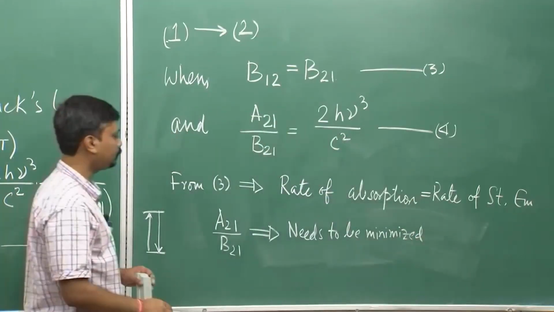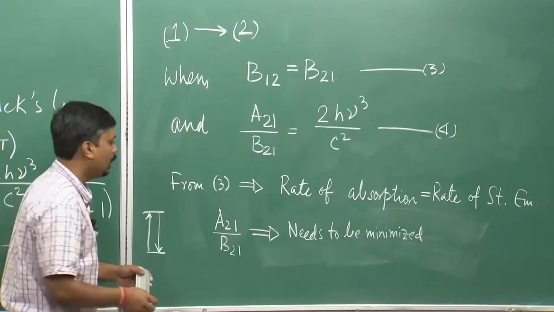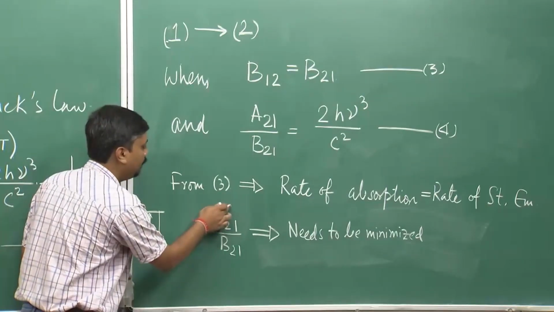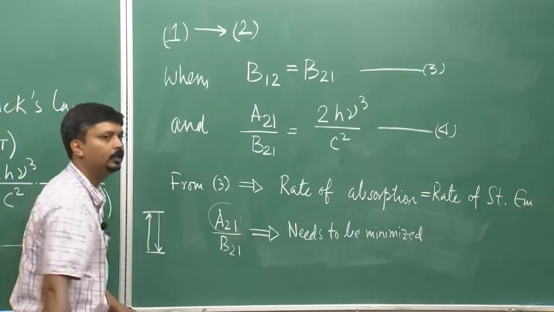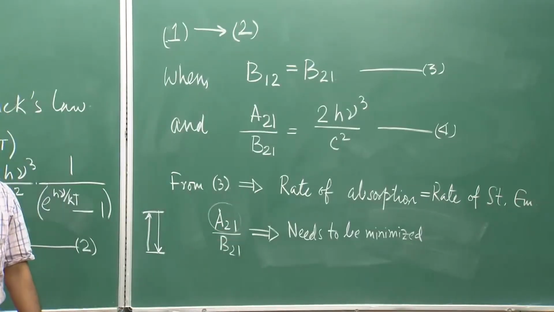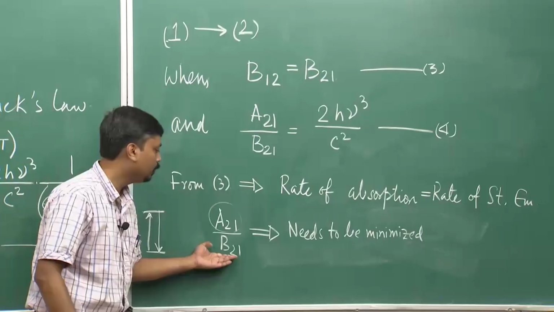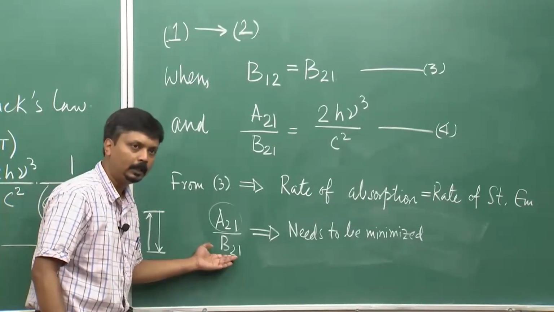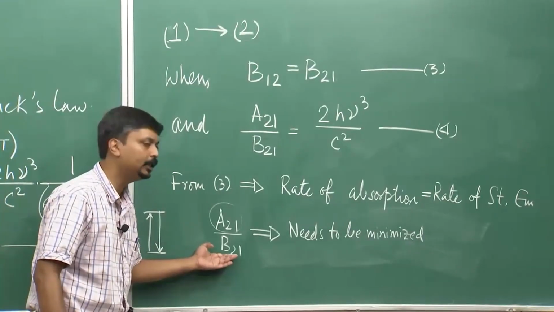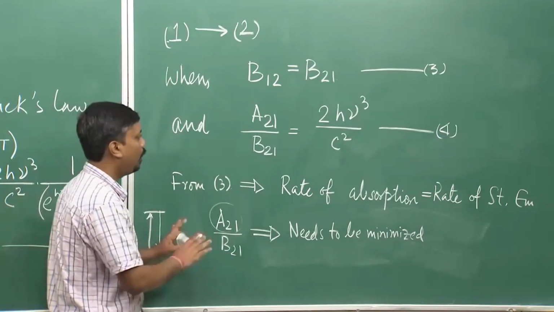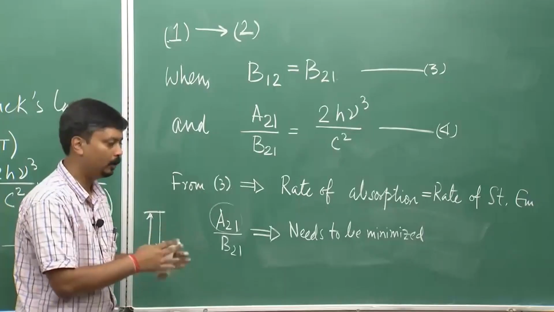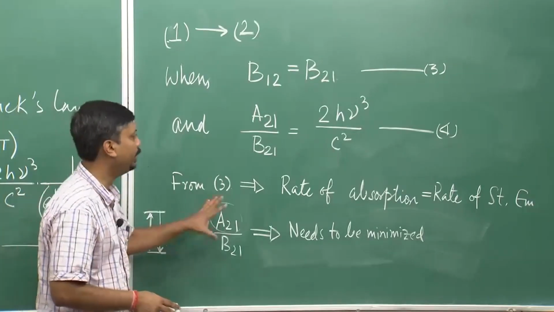So, how can I do that? I can either make the spontaneous emission rate constant very low, and make B21, the stimulated emission rate constant, very high. How can we do that? We will see that very soon.